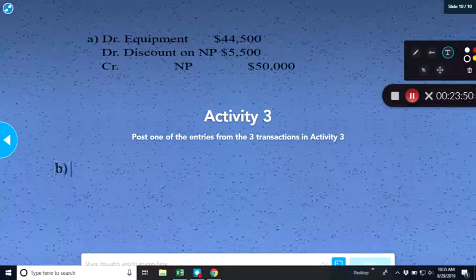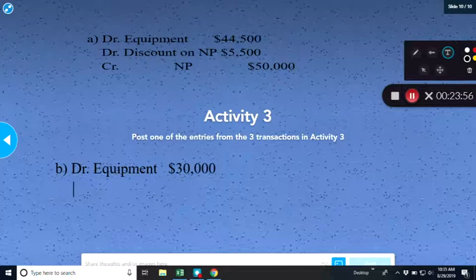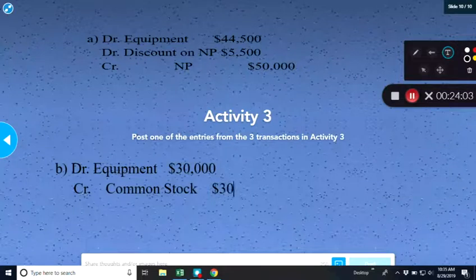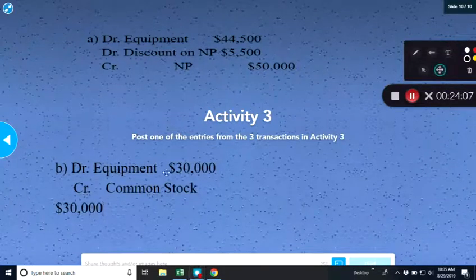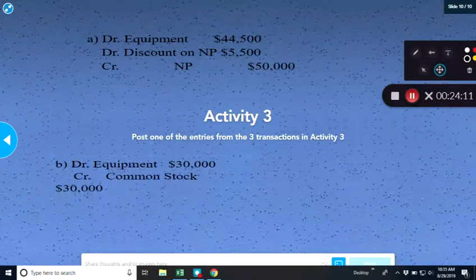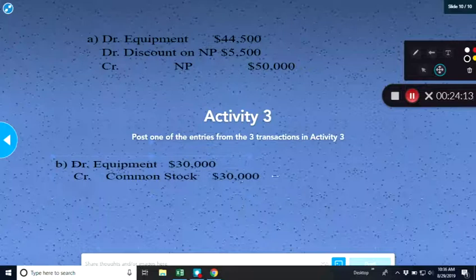So for B, we had a debit to the equipment for $30,000, and we had a credit to common stock for $30,000. So there's that one.